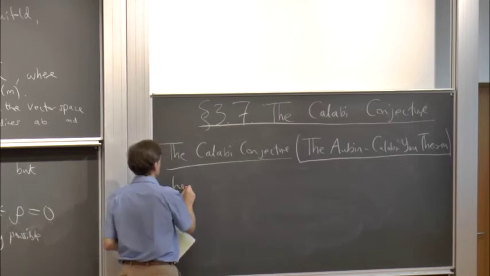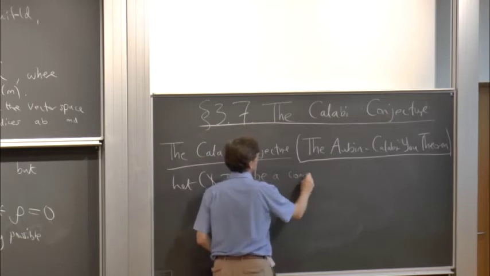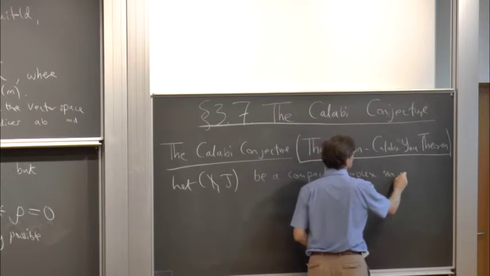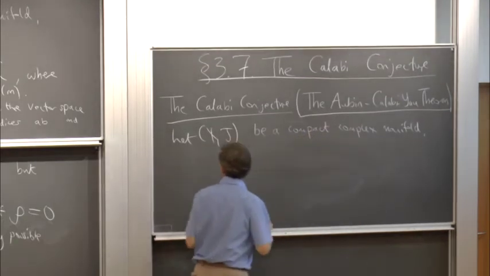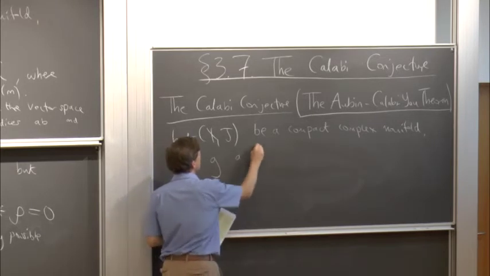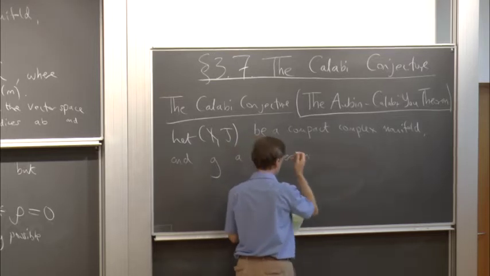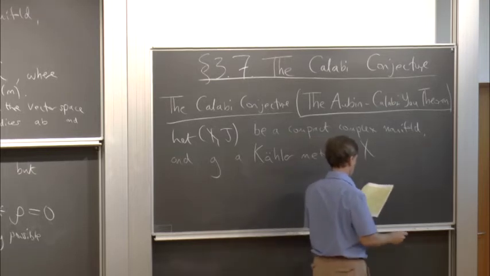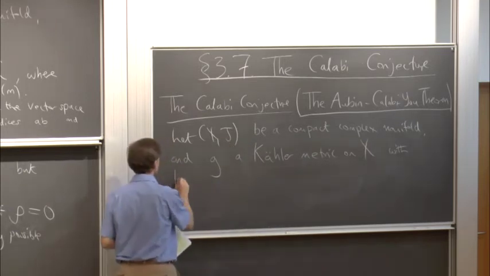So let's take X and J to be a compact complex manifold, and g a Kähler metric on X with Kähler form omega.